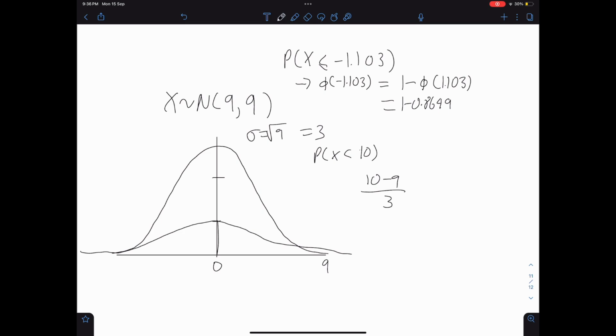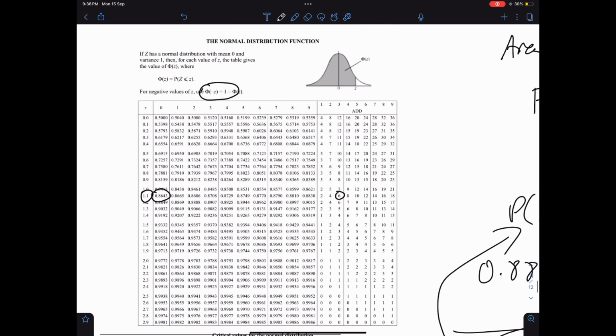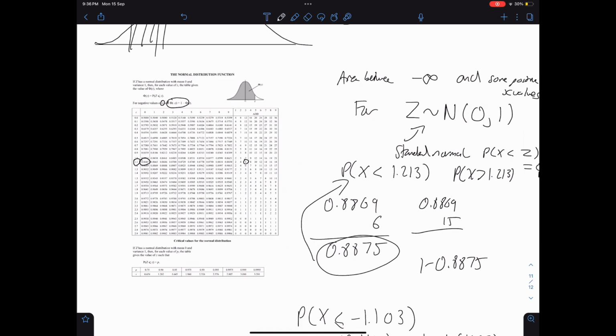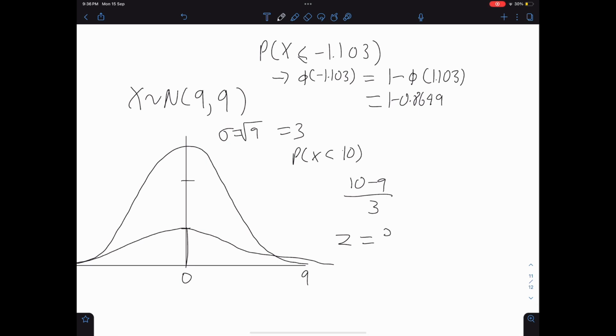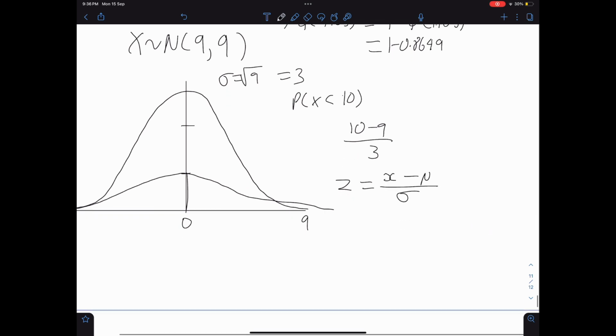So that's why the value for z, which is the thing that you use to work out the probabilities in the normal, is equal to x minus mu over the standard deviation. And this step is called standardising.